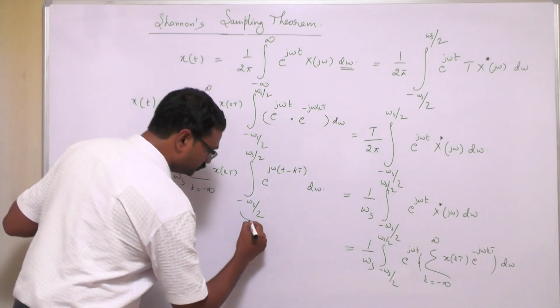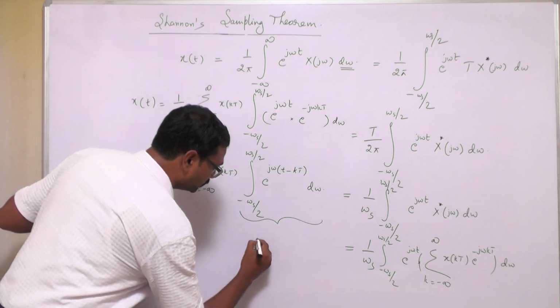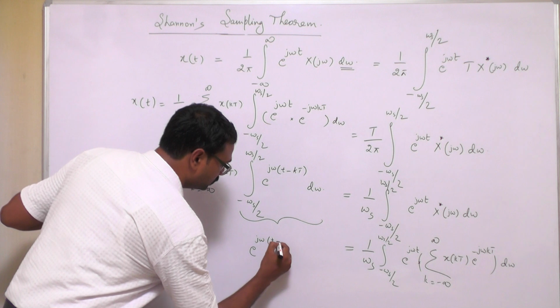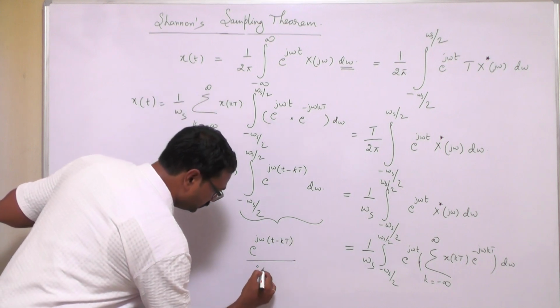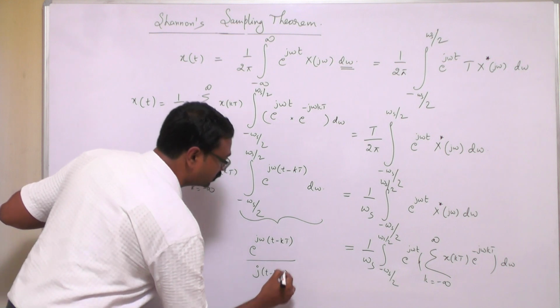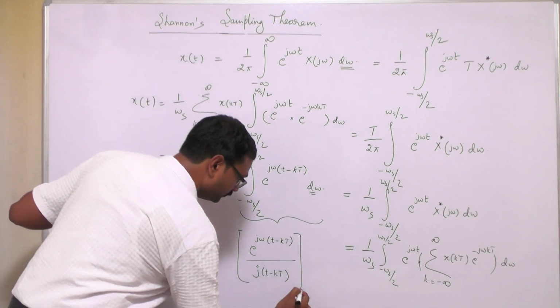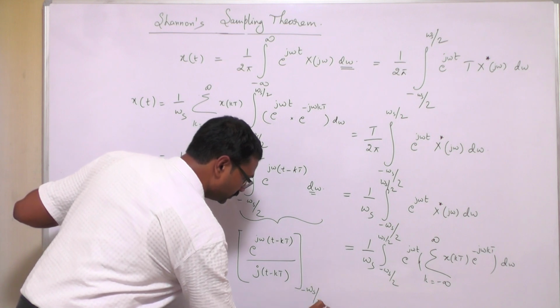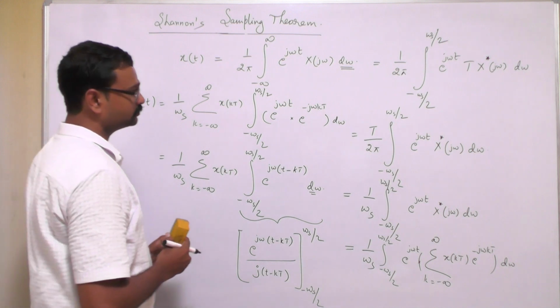So now we will try to integrate only this part. You will have e power j omega t minus kt by j t minus kt, because it is with respect to d omega, and you have it from minus omega s by 2 to omega s by 2.